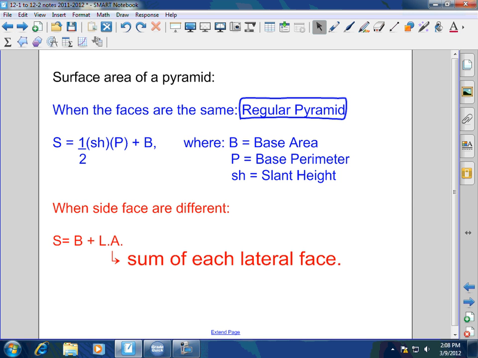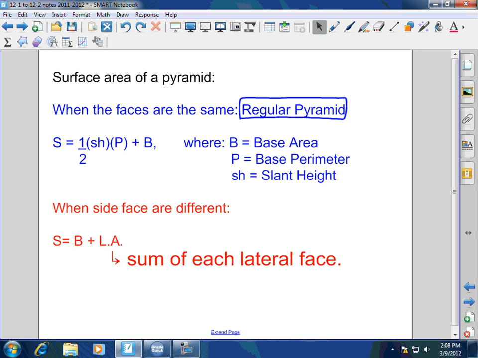When the side faces are different, you're going to have surface area equals B, big B, which is base area, plus lateral area. Now, you cannot use the formula for lateral area of a prism. In this case, you are out of luck. I'm sorry.